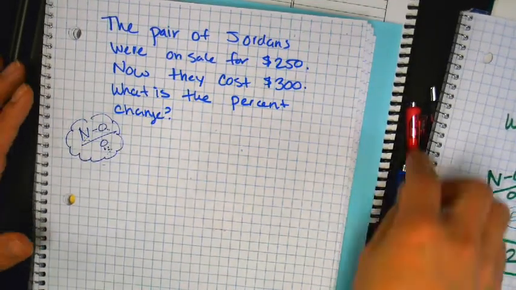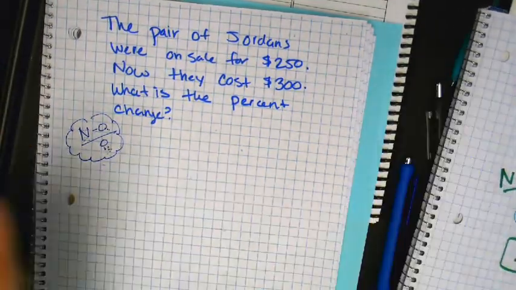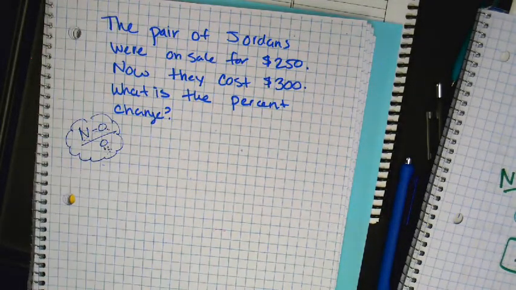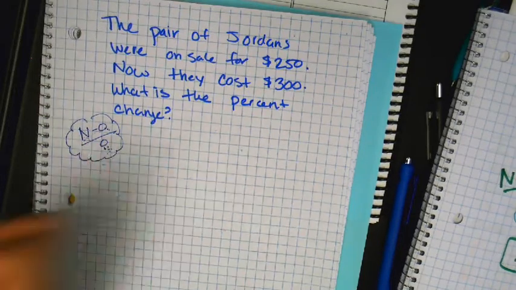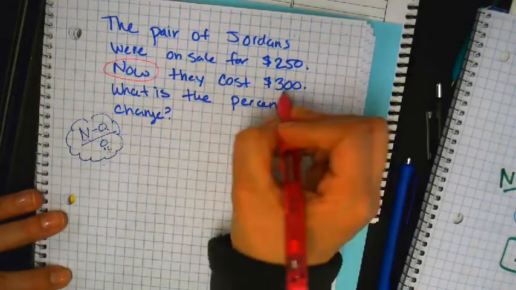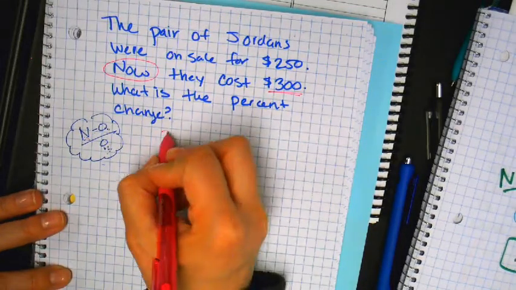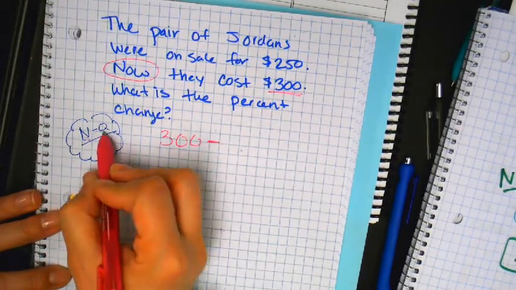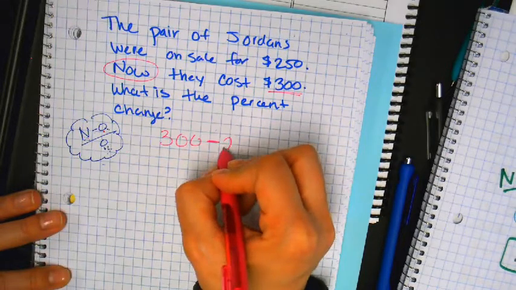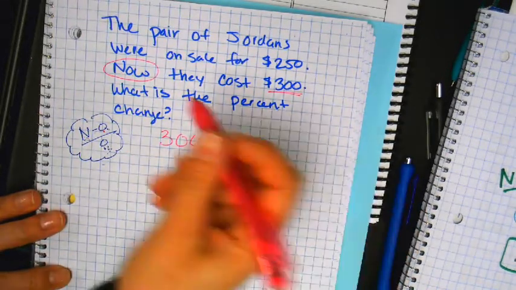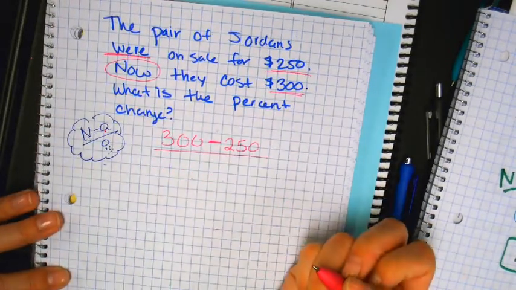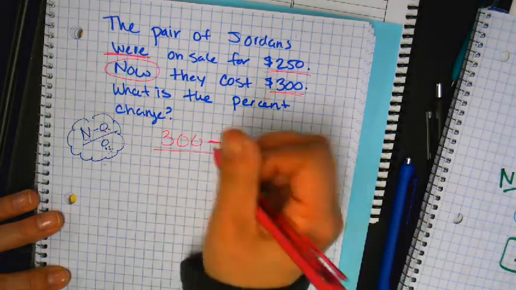All right, so now let's read our problem. The pair of Jordans were on sale for $250. Now they cost $300. So what's my new price? $300. Minus my old, $250, divided by what? 250.